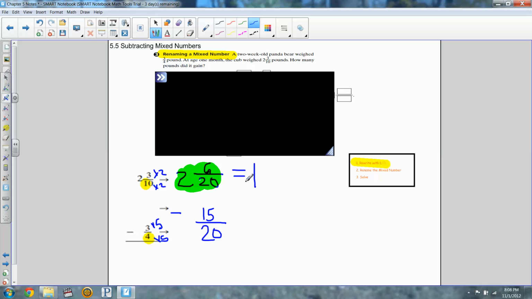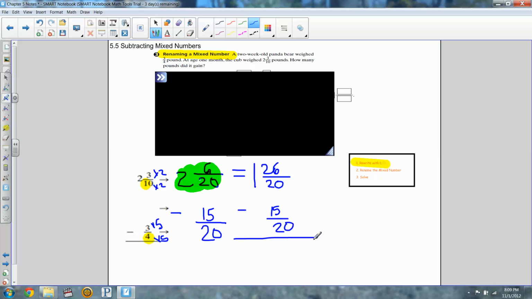So my whole number becomes 1 less. Then I'm going to make 6/20ths into an improper fraction, 26/20ths. Down here I don't have to change anything, so I'm just subtracting 15/20ths.